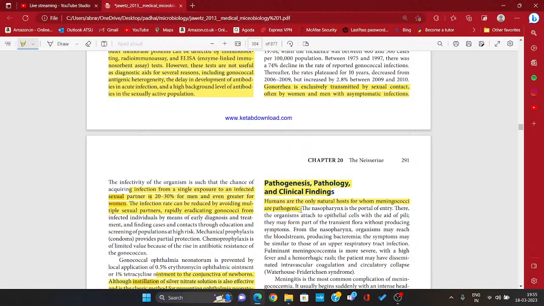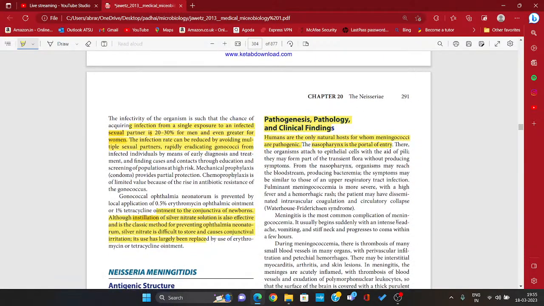The nasopharynx is the portal of entry. There the organism attaches to the epithelial cells with the aid of pili. They may form part of the transient flora without producing symptoms, or be symptomatic. From the nasopharynx, the organism may reach the bloodstream, producing bacteremia.